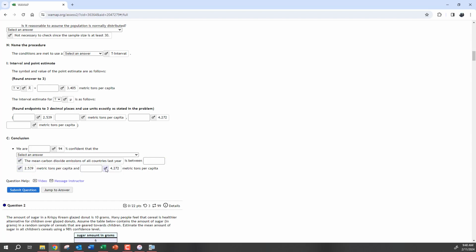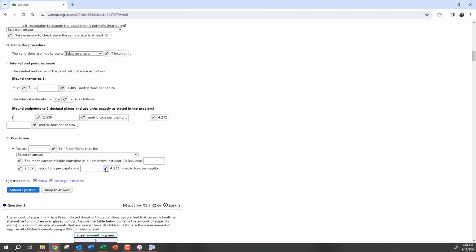That's basically what a confidence interval tells us, that we're this confident that the thing we're trying to estimate, in this case the mean of our population, is within the bounds of our interval that we just calculated. So we think the mean carbon dioxide emissions for all countries last year is somewhere between 2.539 and 4.272, because that was the interval that we calculated at a 94% level.